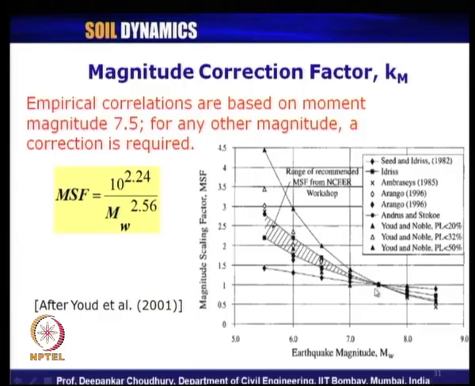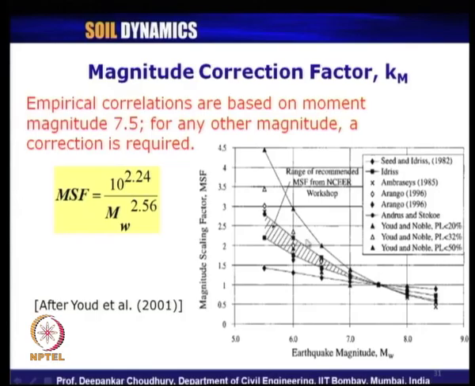But if the moment magnitude during a particular earthquake at a place is not 7.5, but something else, if it is more than 7.5, the magnitude correction factor or the MSF or Km is less than 1, but if the earthquake magnitude is less than 7.5, it is more than 1. So, what is proposed?